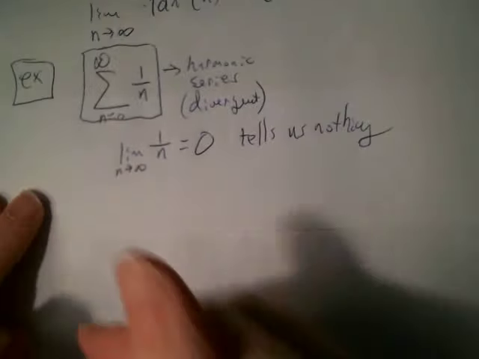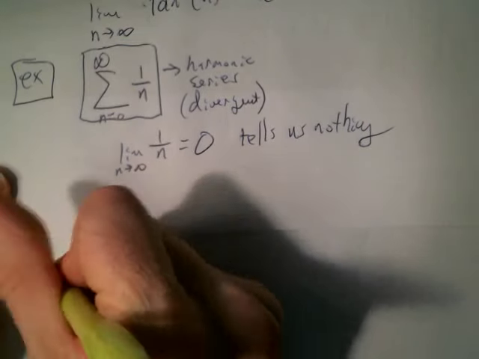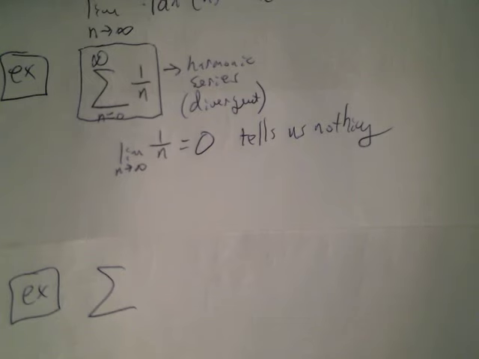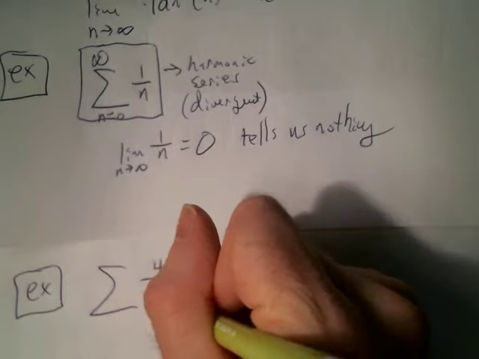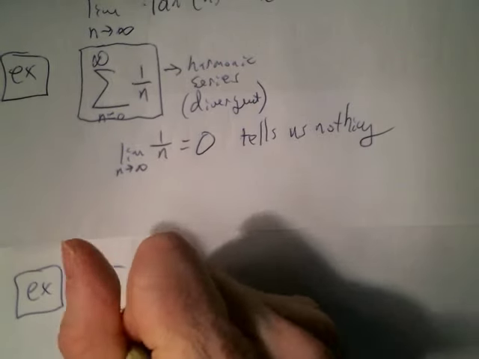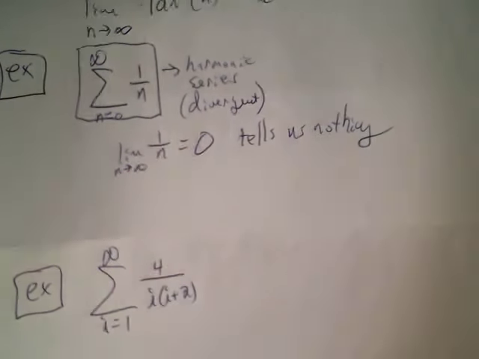And of course, we can compare and contrast that with a telescoping series, looking at the one we did earlier. The sum of 4 all over i times i plus 2 from i equals 1 to infinity.